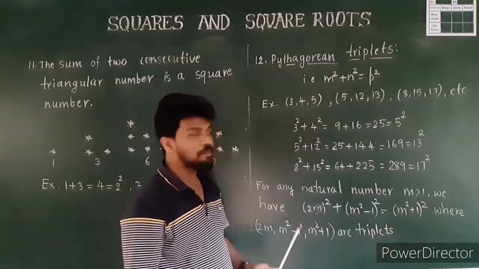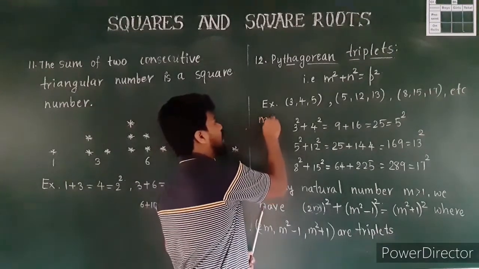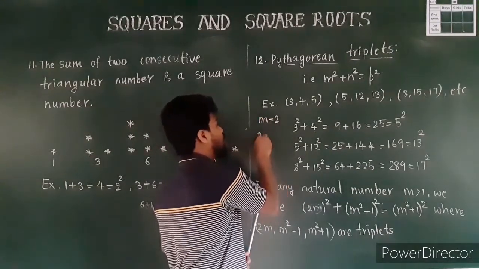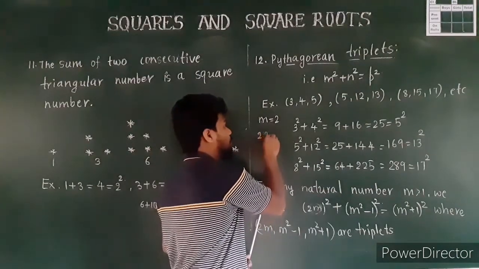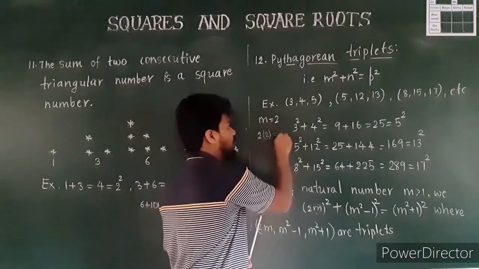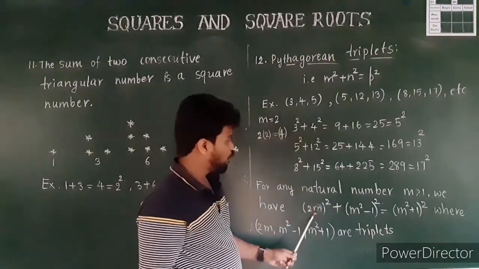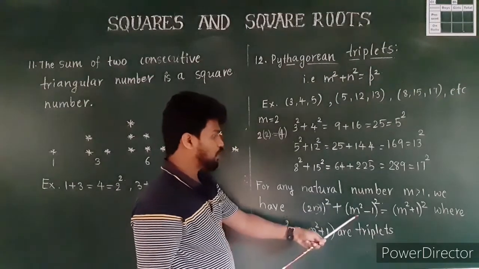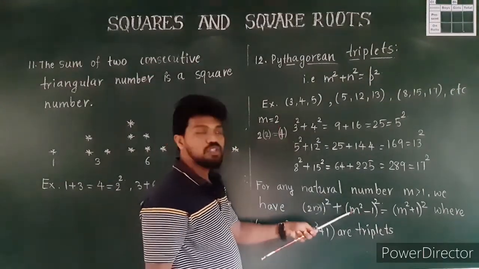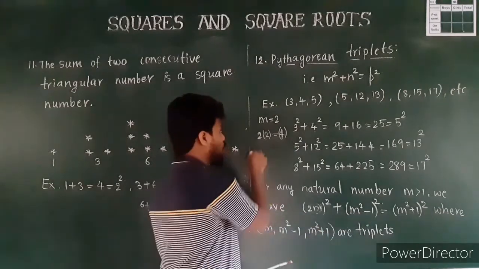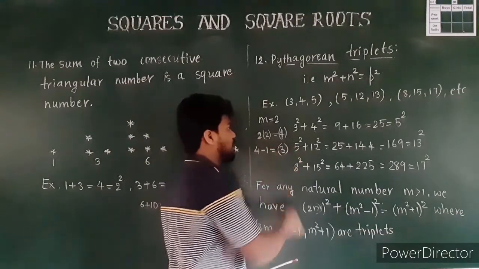In the place of m, I take 2. So m is equal to 2. Then 2m is 2 into 2, that means 4. The first number is 4. Then m square minus 1: m is 2, so m square is 2 into 2, that is 4, and 4 minus 1 is 3. So the next number is 3.